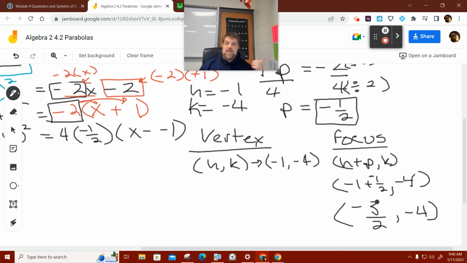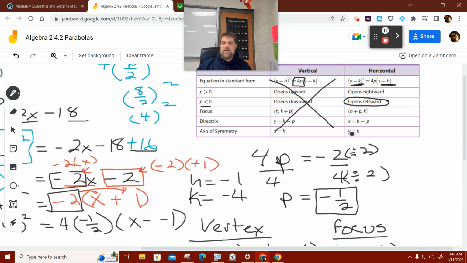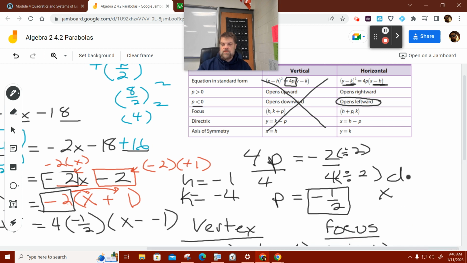So I have the equation, I have the focus. Oh, we got to do the directrix. According to this table, the directrix is going to be X. Let me write this out. Directrix is equal to X is equal to H minus P. So X equals H. What was H?